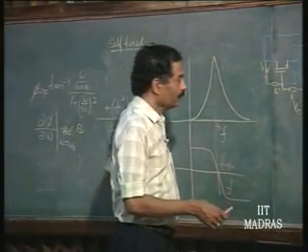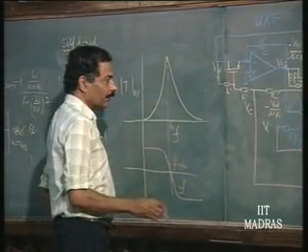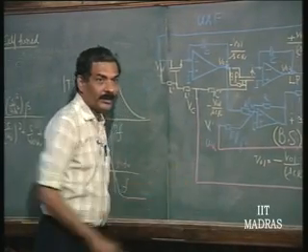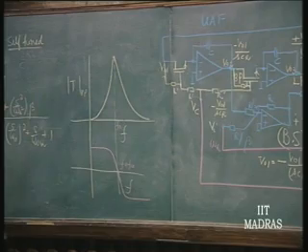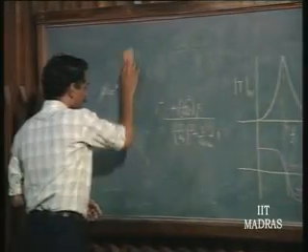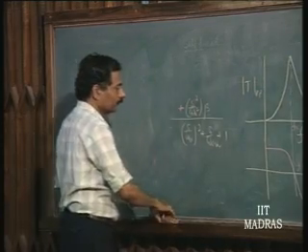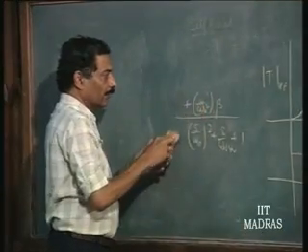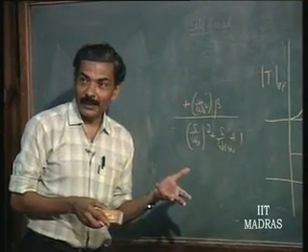I know now that this is omega r, the incoming reference frequency. So, I should know how phase varies for this particular thing with reference to omega r. So, you can just put s equal to j omega and omega equal to omega r.